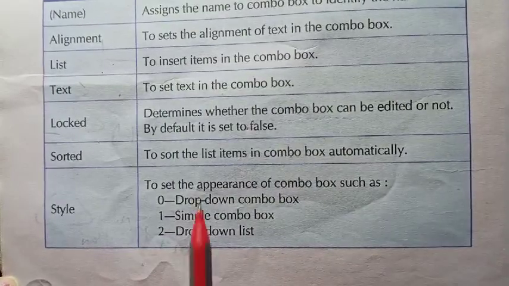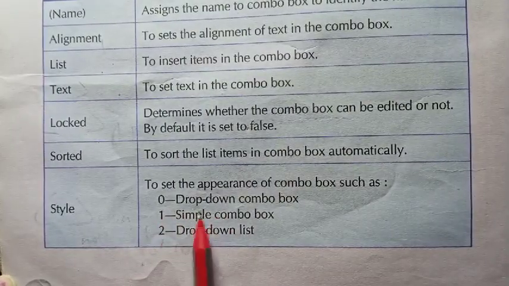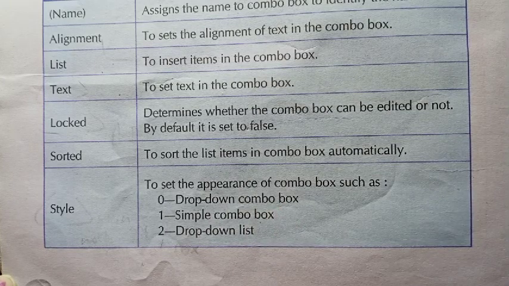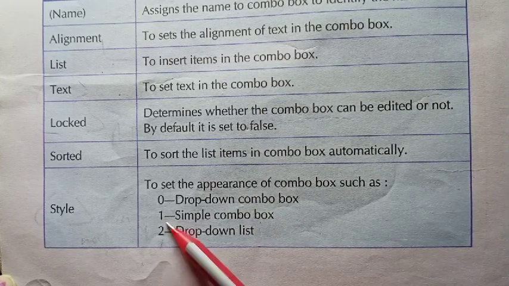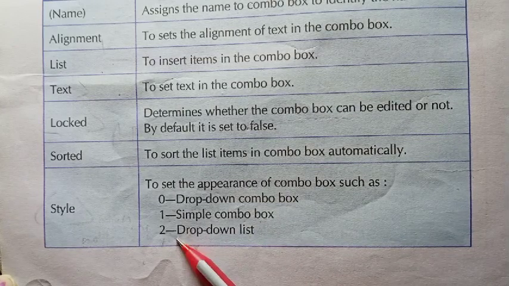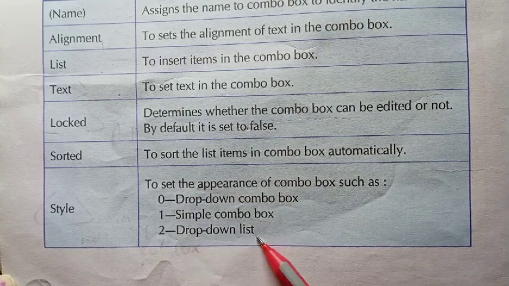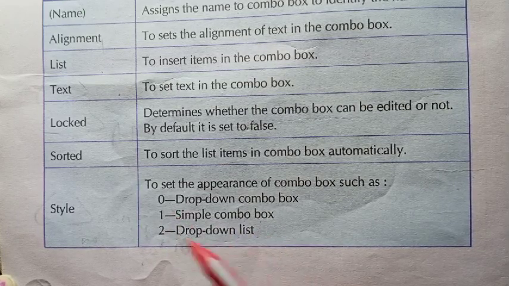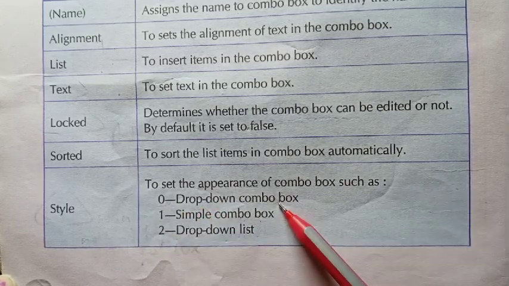Then there is style. Style 0 means we will have a drop down combo box, that means we will click on the arrow and a list will come. 1 means a simple combo box, and 2 means a drop down list. In 2 we have only a drop down list, whereas in 0 we have a drop down combo box.